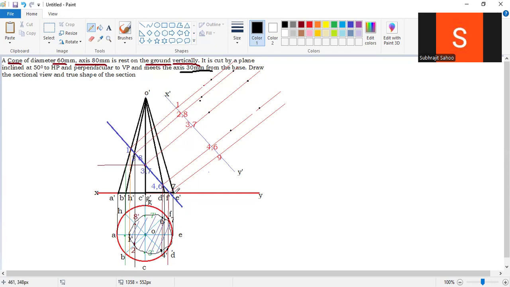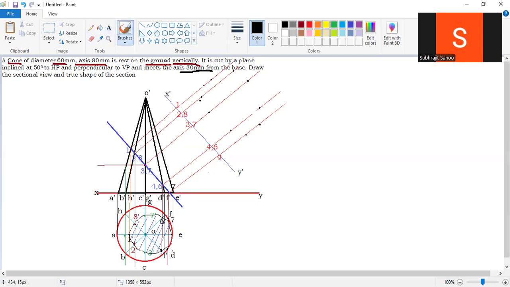The last one, this one, and this one, F: measure from this point to this point, this point, and this point, and mark here. So I measure here, this point, and here.